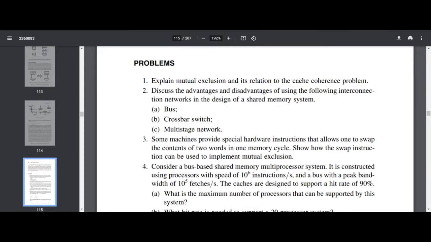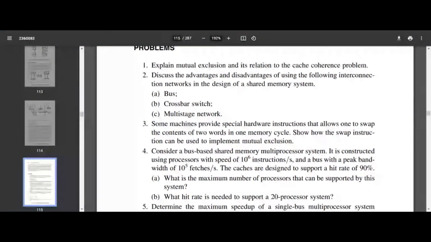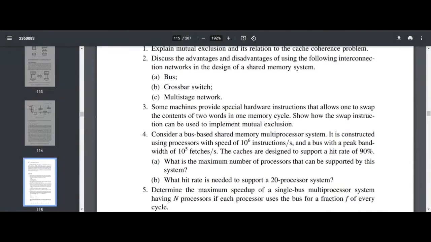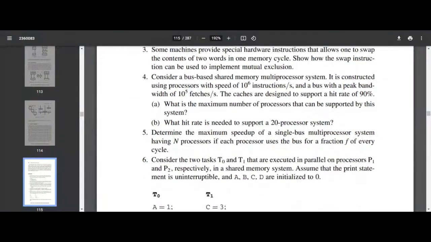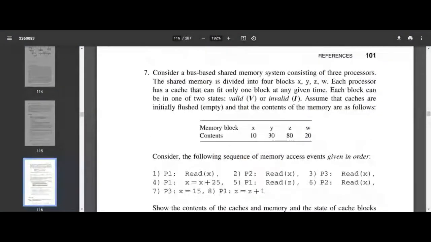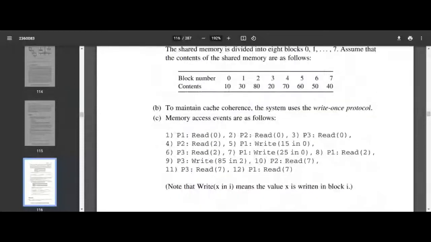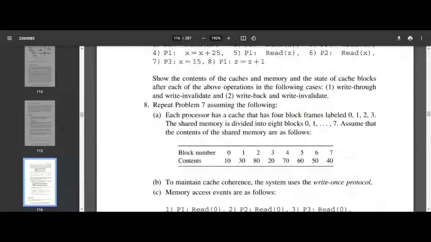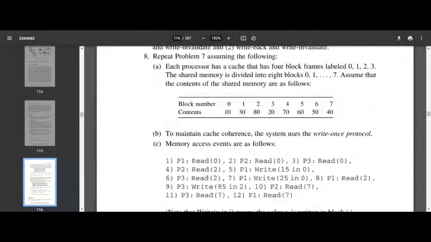So I recommend you solve question numbers 3, 4, 6, and 7.